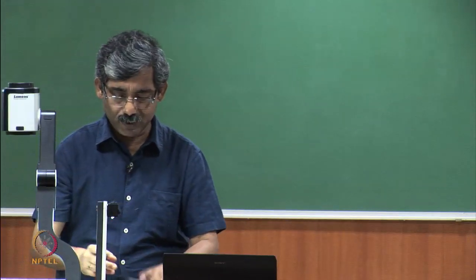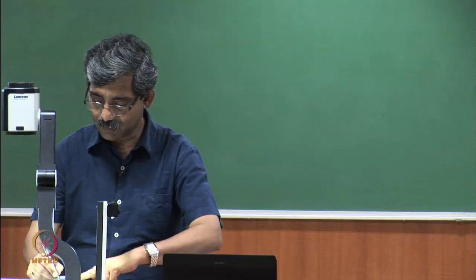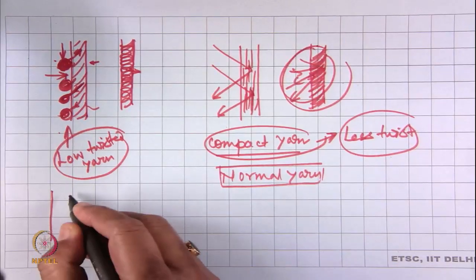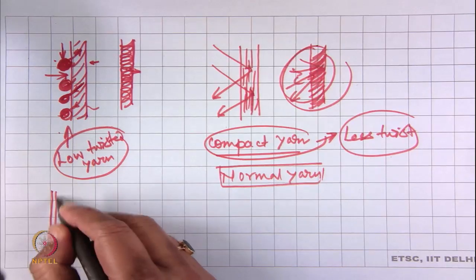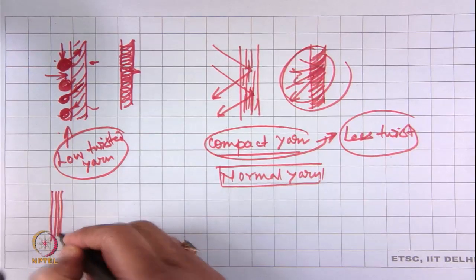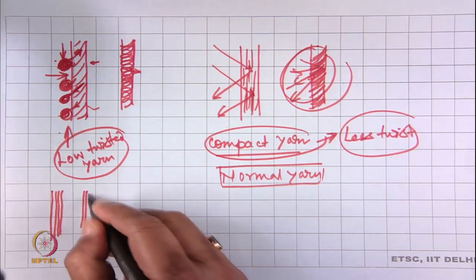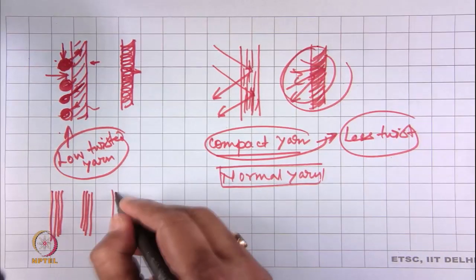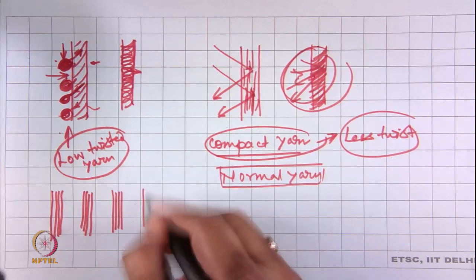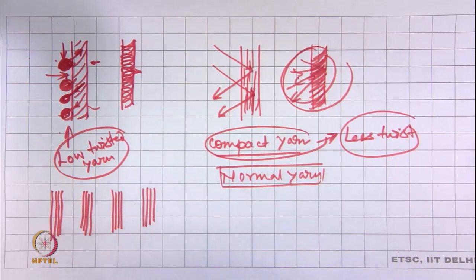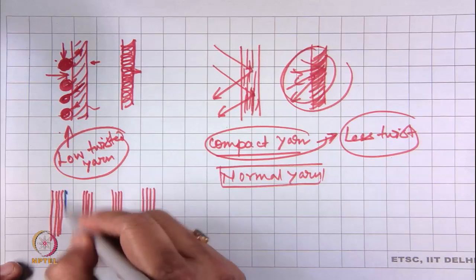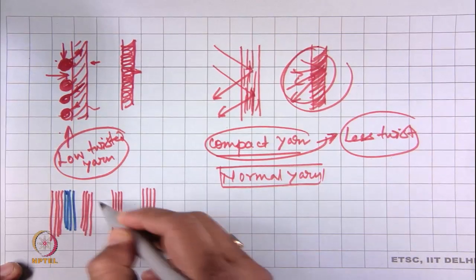Suppose we have two types of yarn, say four yarns where red is high twisted, and blue is say low twisted.